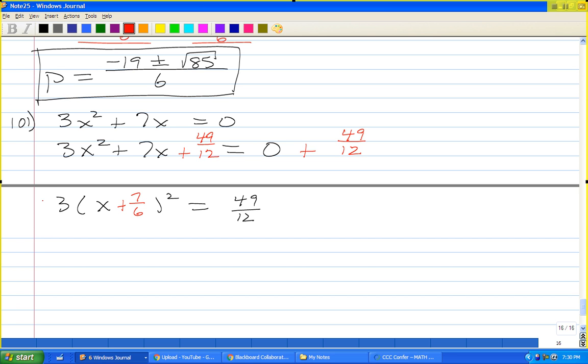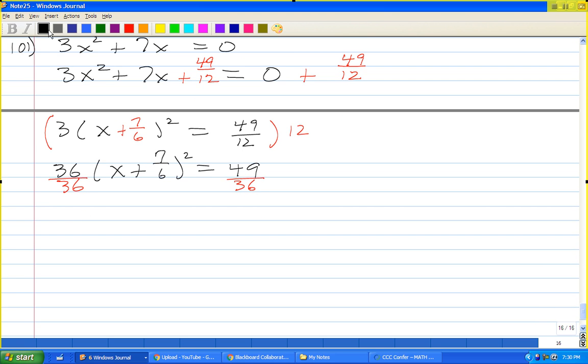Let me multiply both sides of my equation by 12. So you get 36 times x plus 7 over 6 squared is 49. Divide both sides of your equation by 36. So you get that x plus 7 over 6 squared is equal to 49 over 36.